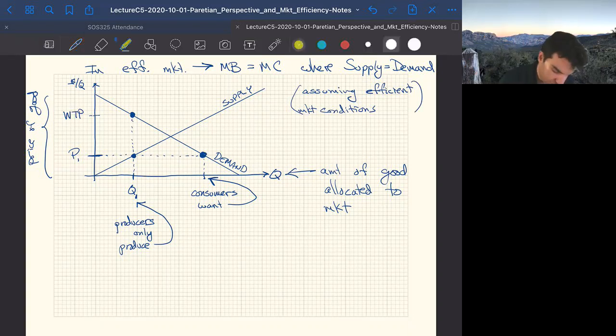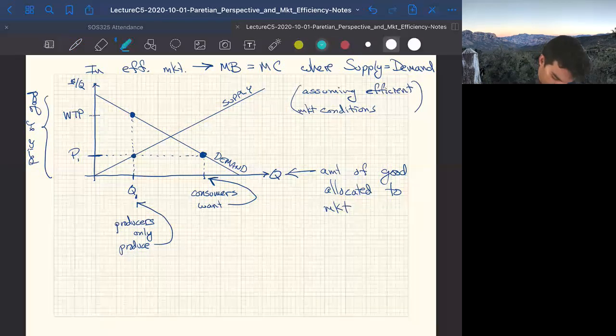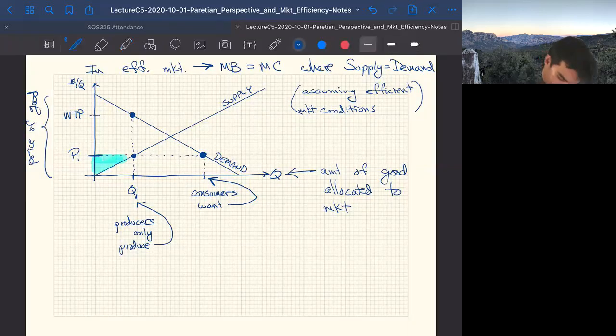And the producer surplus down here, this triangle down here, producer surplus, is the net benefit to producers.